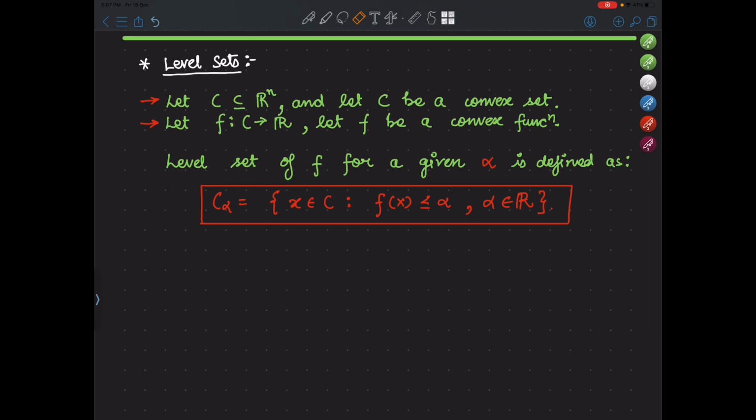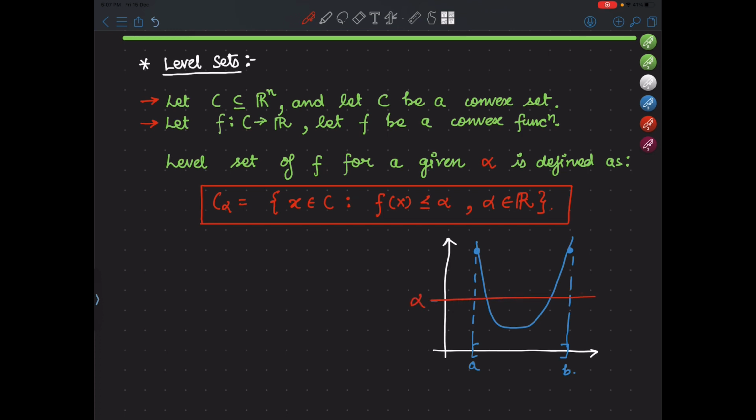So for example, in one dimension, if I want to give you some intuition, let's say C is this set from A to B, and this is alpha.